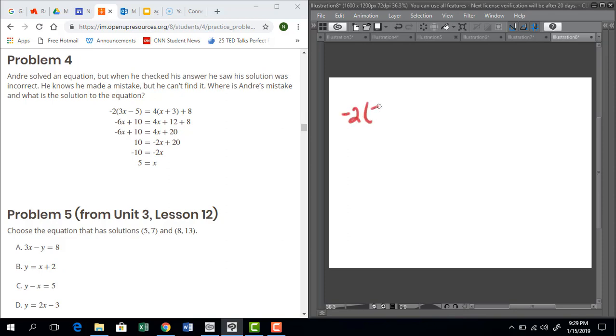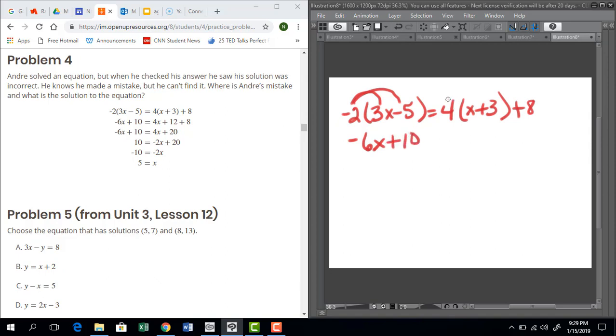Negative 2 times 3x minus 5 is equal to 4 times the quantity x plus 3, plus 8. And we're going to distribute the negative 2. And that's going to give us negative 6x. And a negative times a negative is going to make a positive. So that's going to give us positive 10.